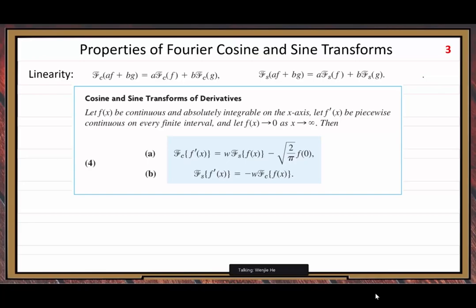For the derivative, you can do integration by parts, right? So for these formulas, just do the calculation with integration by parts, and you can get that easily.